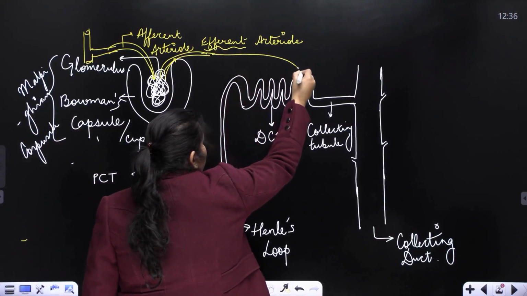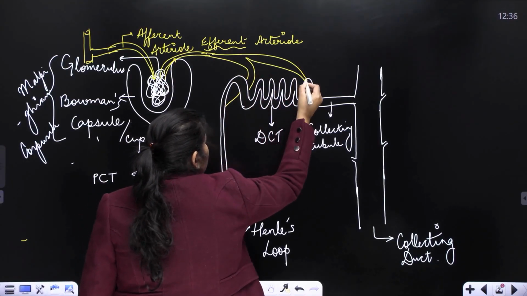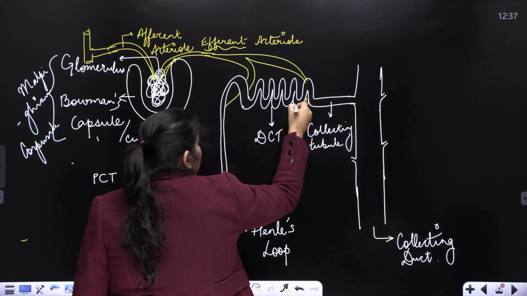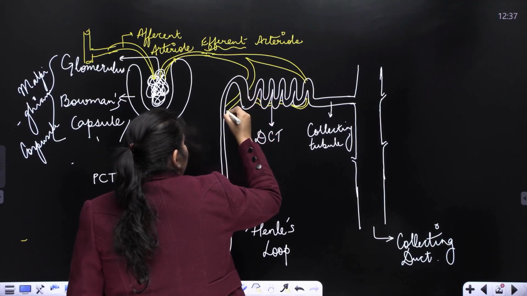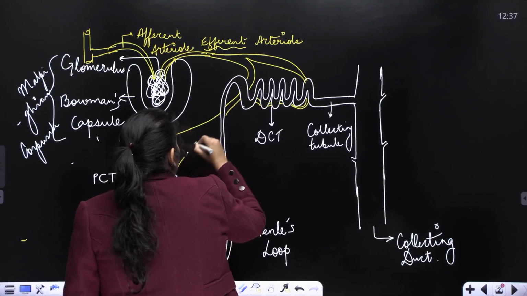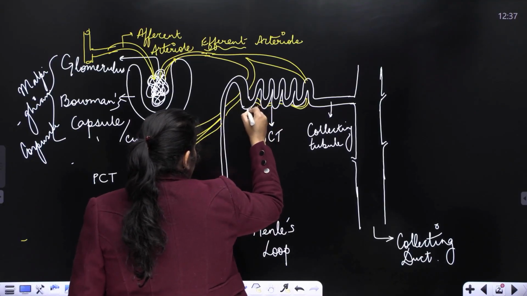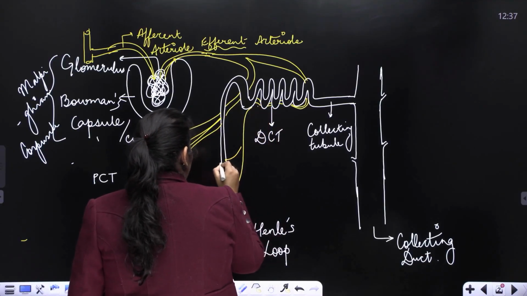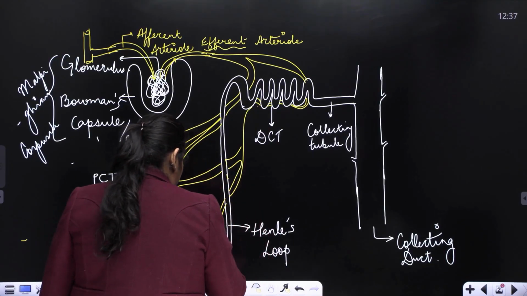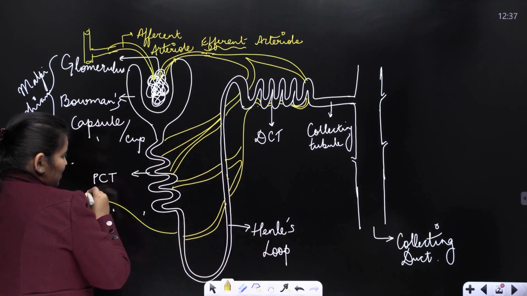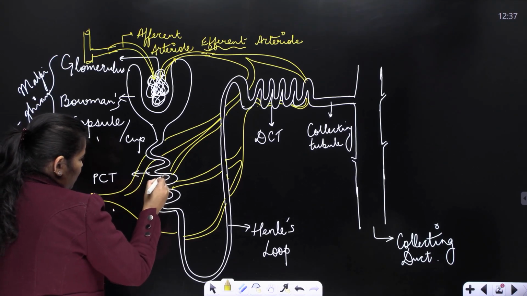This efferent arteriole then branches to form capillaries around the DCT, and it further branches here to form a network, and this network of capillaries around the nephron is known as the vasa recti.